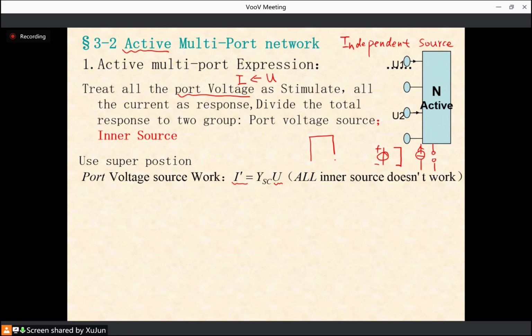Treat it as a passive network. We use voltage to express current, so we treat the voltage U1, U2 as source. Then we got the I sharp 1, I sharp 2.